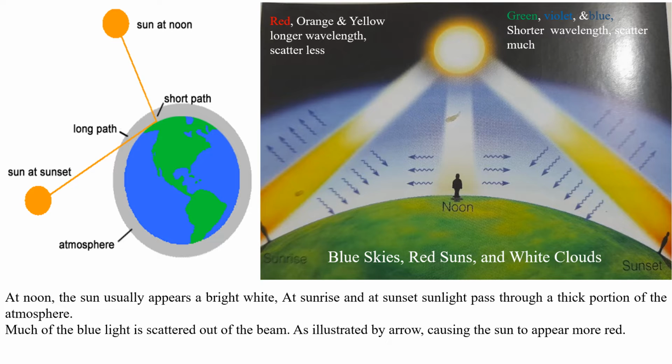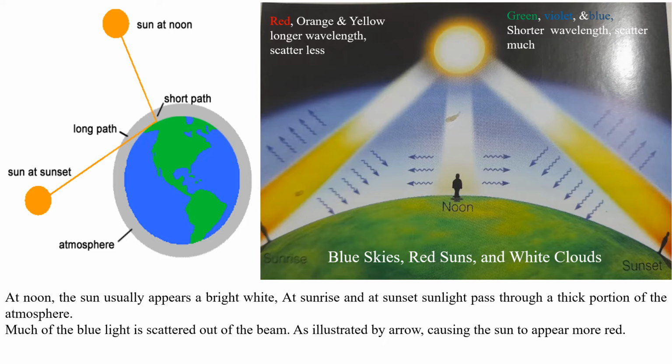Well, let's talk about the noon situation. At noon, the sun is perceived as white because all the wavelengths of the visible sunlight strike our eye. At sunrise and sunset, the white light from the sun must pass through a thick portion of the atmosphere.